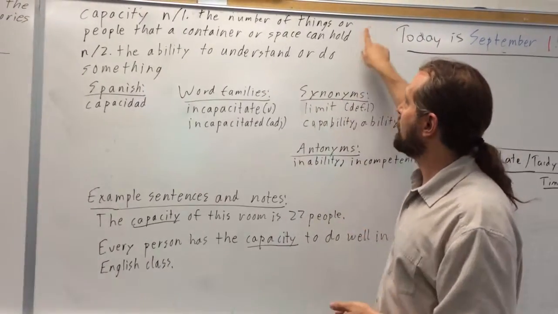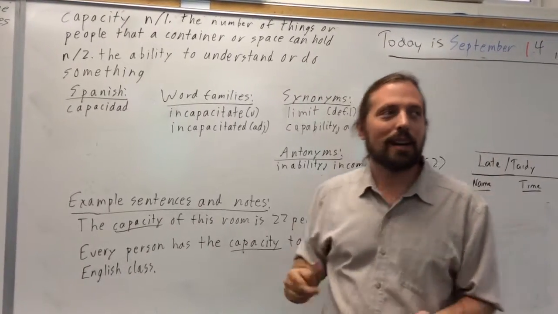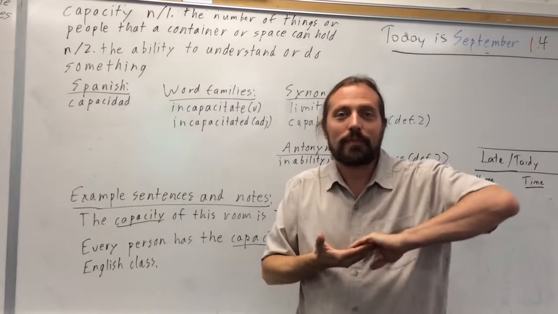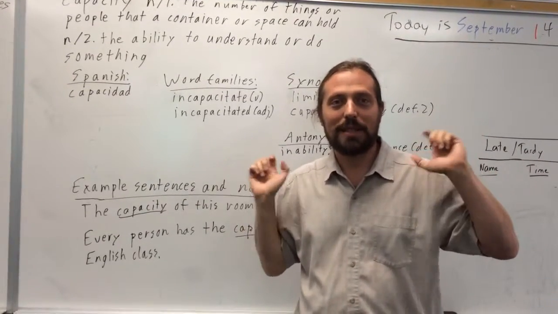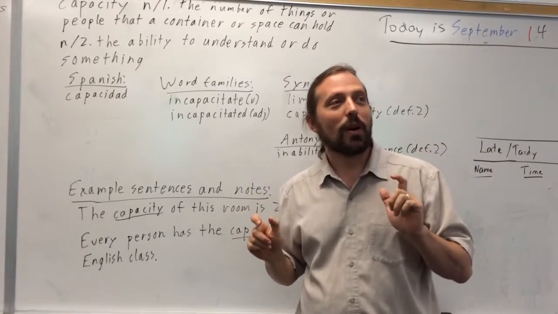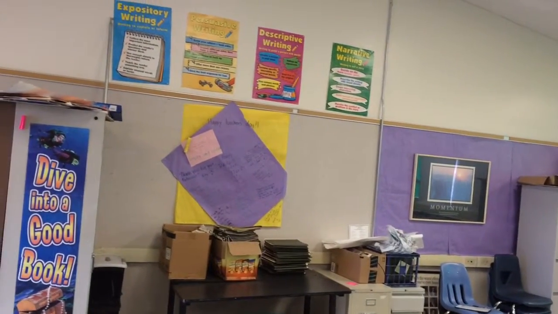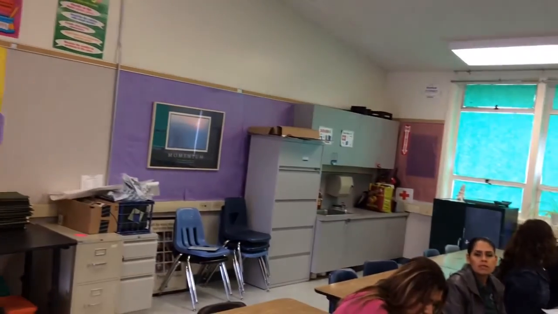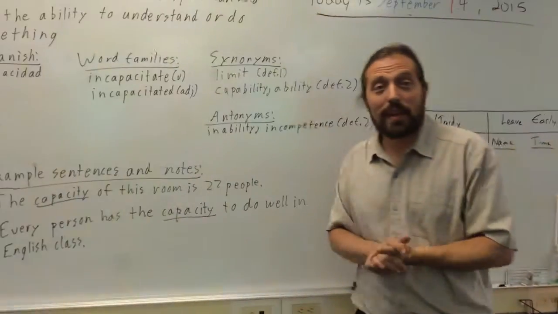For number one, the number of things or people that a container or space can hold, we talk about this a lot with the signs the fire department puts in rooms that say how many people can fit in that room. There's a sign in the far corner which says maximum occupancy. Maximum occupancy is a synonym, another way to say capacity.